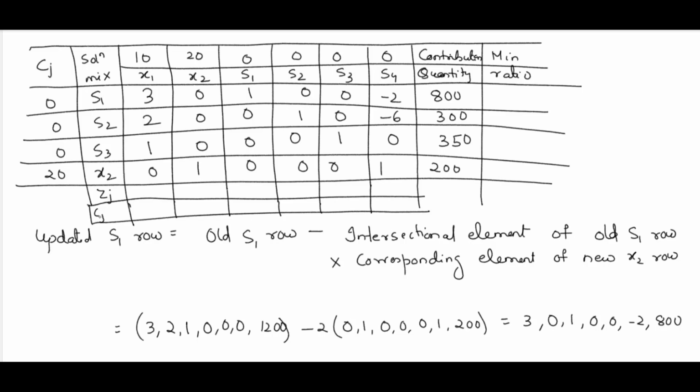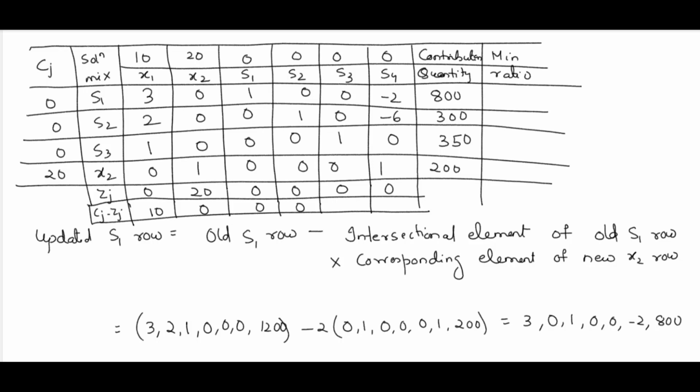ZJ, then it is CJ minus ZJ. This as usual. What is ZJ? It is 0 into 3 plus 0 into 2 plus 0 into 1 plus 20 into 0. So it becomes 0. Likewise, for this one, 0 into 0 plus 0 into 0 plus 0 into 0 plus 20 into 1, it is 20. Similarly, you will work out all the columns. Now, CJ values are 10, 10 minus 0, 10. 20 minus 20, it is 0.